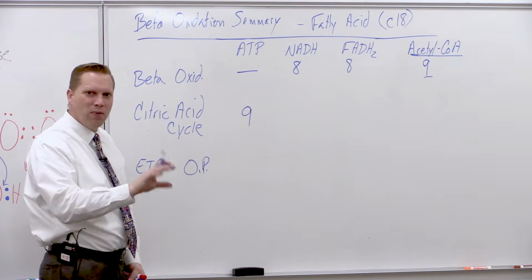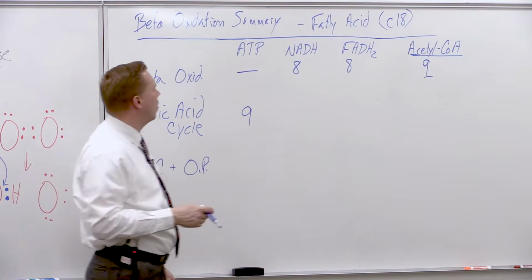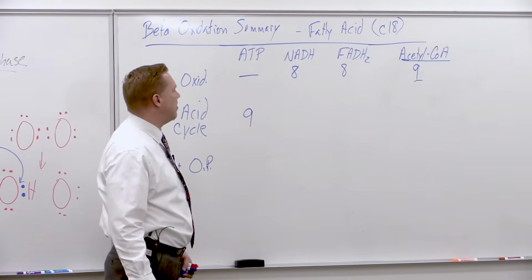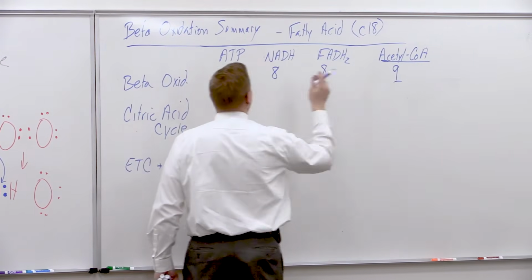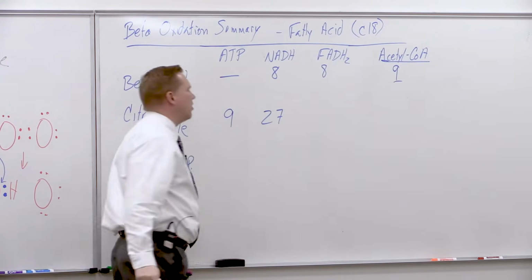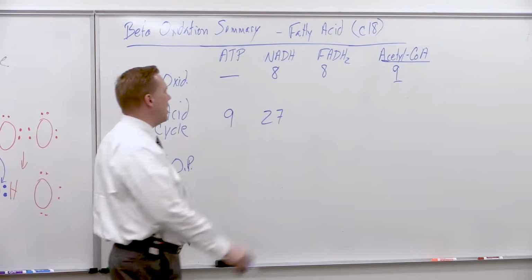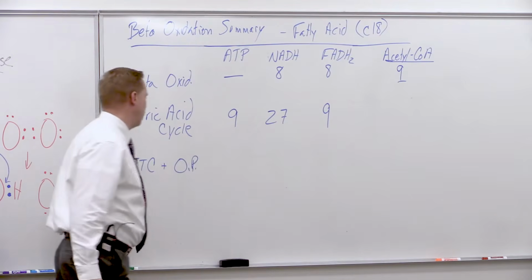There's that ATP produced at the bottom of the citric acid cycle for every cycle. I get 3 NADHs for every cycle. So now I take 9 times 3, and I get 27 NADHs. And then FADH2s, I get 9 again.